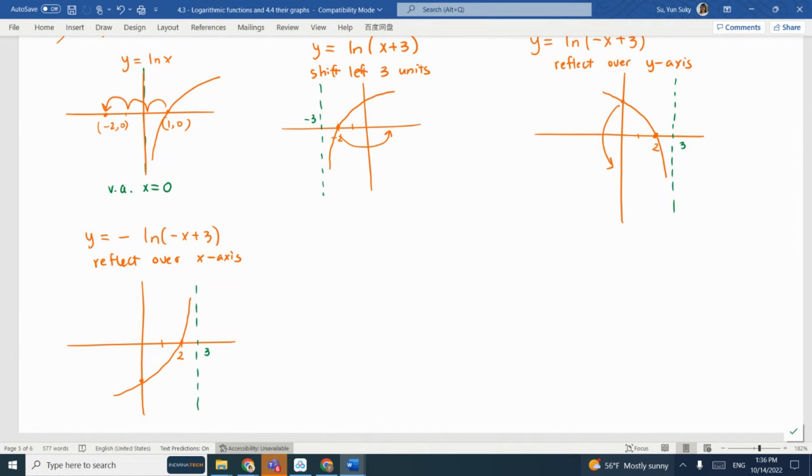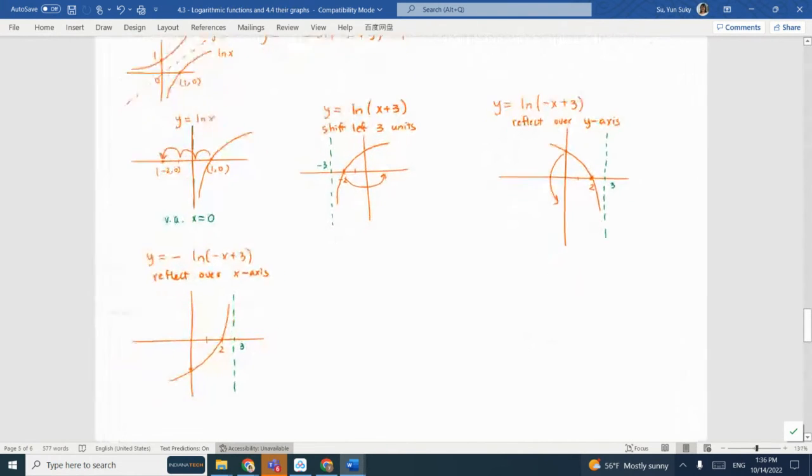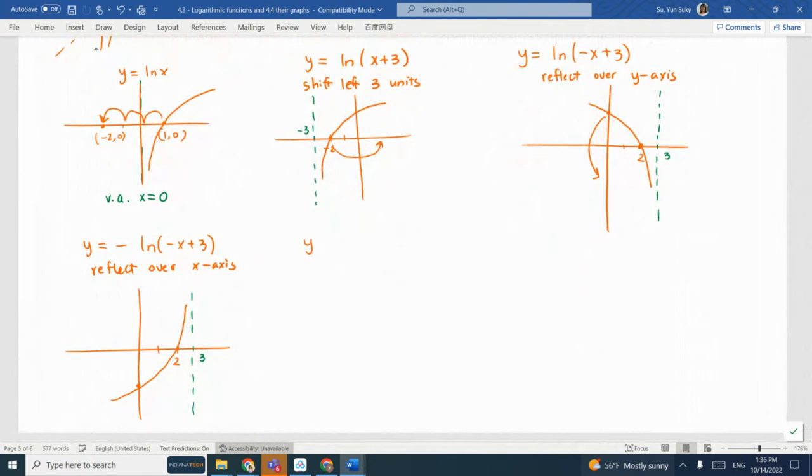Okay, what's next? Stretch by a factor of 2. Yes, very good. So we have y equals minus 2 ln of negative x plus 3. So this is a vertical stretch by a factor of 2.